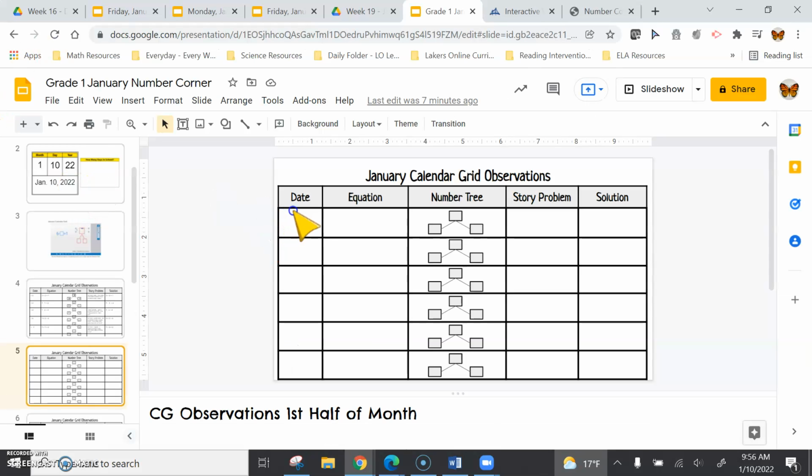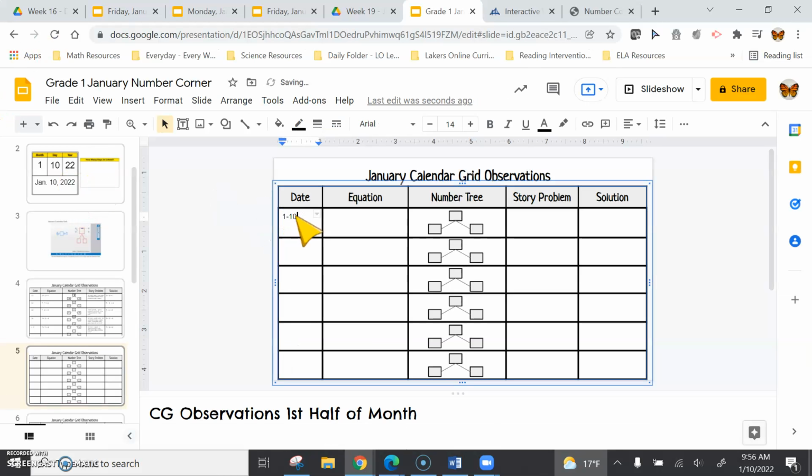Let's add that to our number grid. So we'll add today's date, 0 plus something equals 10. I'm going to use what we have here.